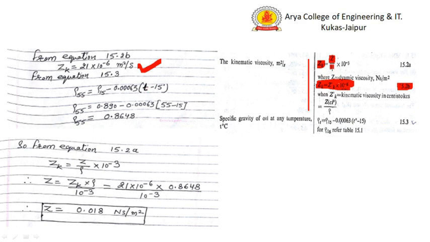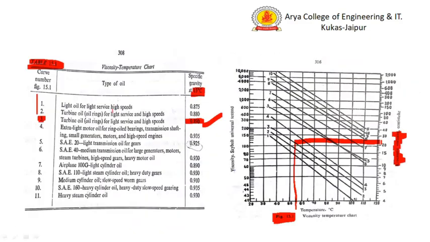First we have to find the value of rho. This rho is for temperature 55 degrees centigrade. So we can use equation 15.3 to find the specific gravity at any temperature. We have assumed the temperature 55 degrees centigrade. So we use this formula, rho 55 is equal to rho 15 minus this value, and rho 15 is 0.890.